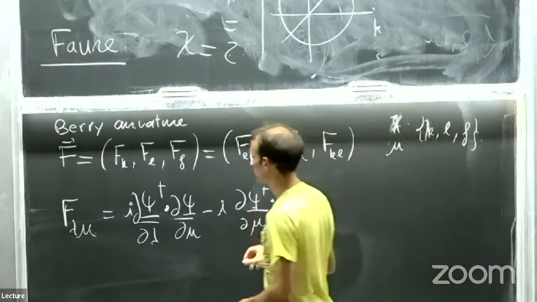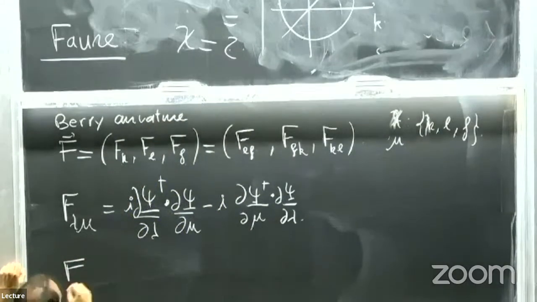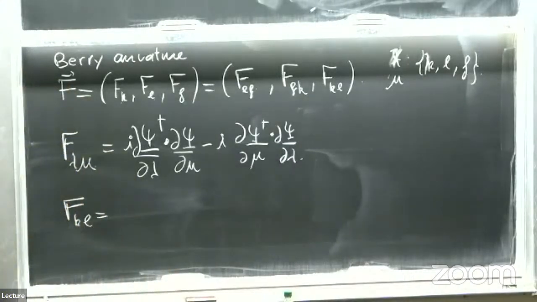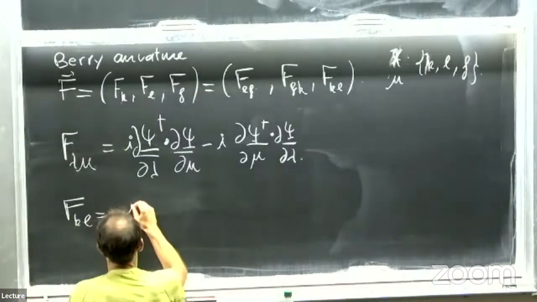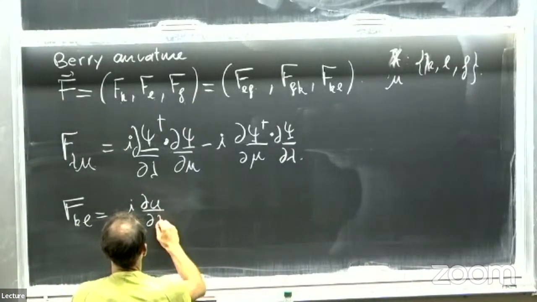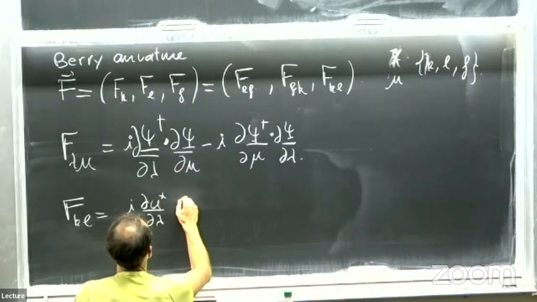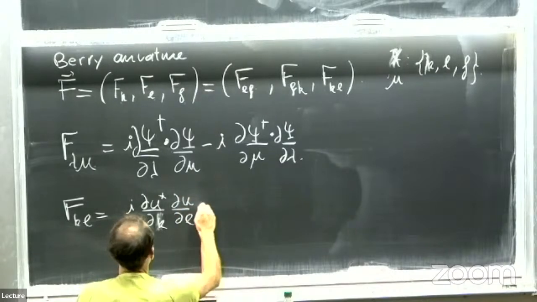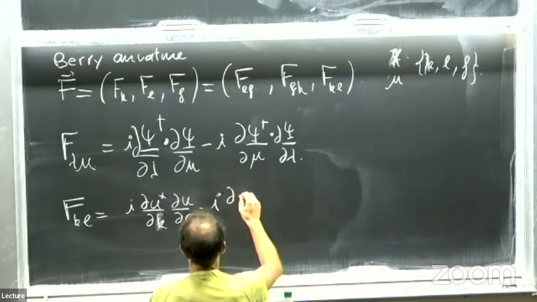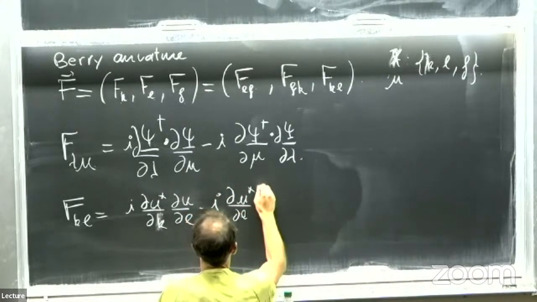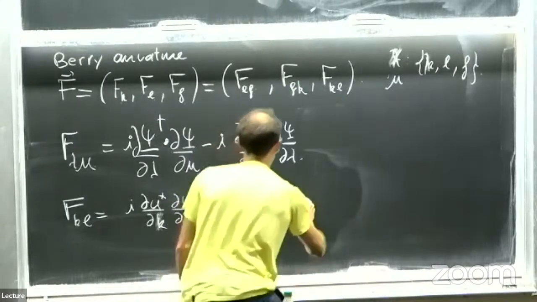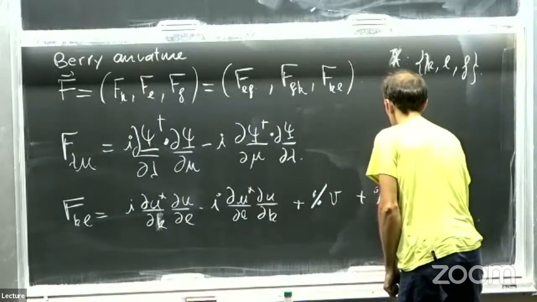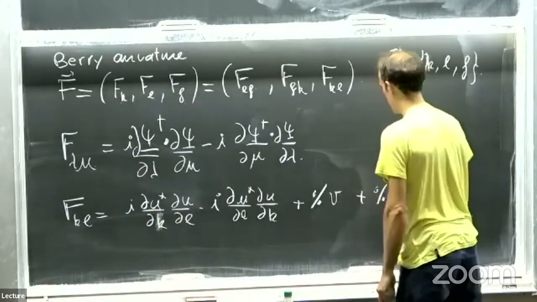So perhaps it is a bit abstract that way. Let's write just one to be sure to follow. Fkl, in this particular case where psi is (u, v, eta), it will be i times du star over d lambda times dk times du over dl, minus i du star over dl du over dk, plus the same thing where you replace u by v, plus the same thing where you replace v with eta.